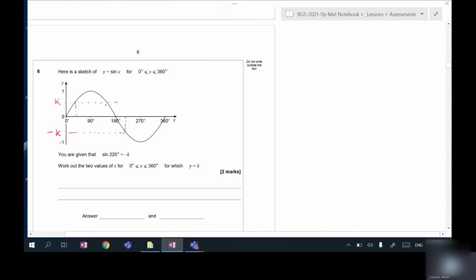So in other words, I want this and this. Okay. So we are just thinking about symmetry of the graph. If this is 220 degrees, then I'm looking at this part here. So this from 180 to 220 would be 40.